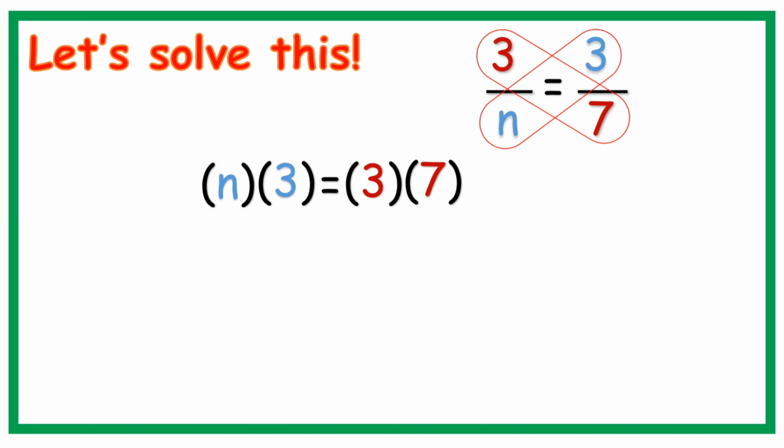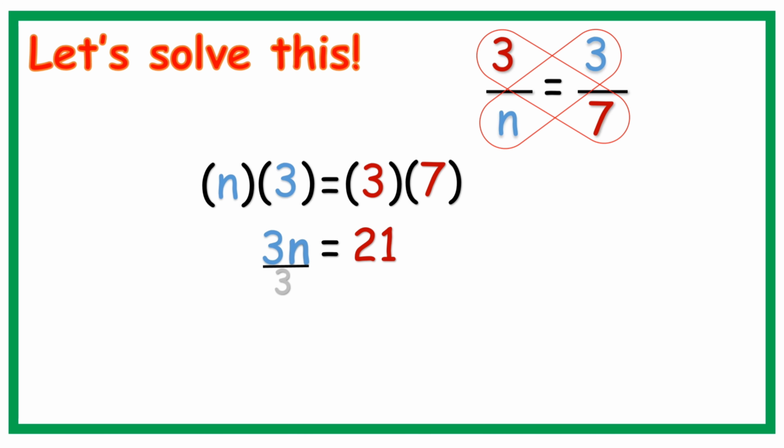That's it. Now, let's solve it. n times 3, we have 3n. 3 times 7, we have 21. Okay, we got it. And we're not yet done. We still need to isolate the variable n. How are we going to do that?